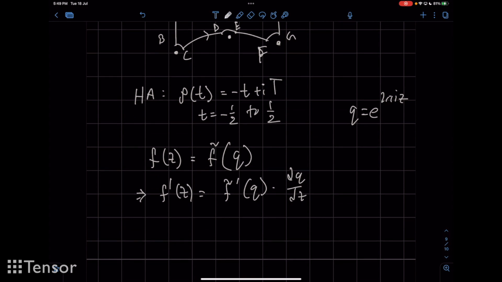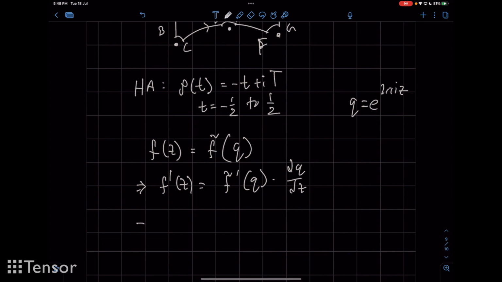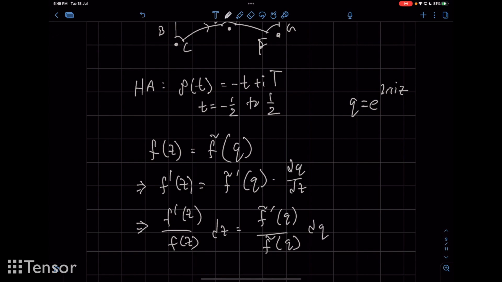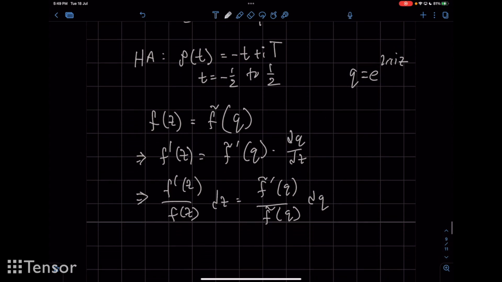And if we divide by f of z, then we get that f prime of z over f of z dz is equal to f tilde prime of q over f tilde of q dq, right? So we can integrate.